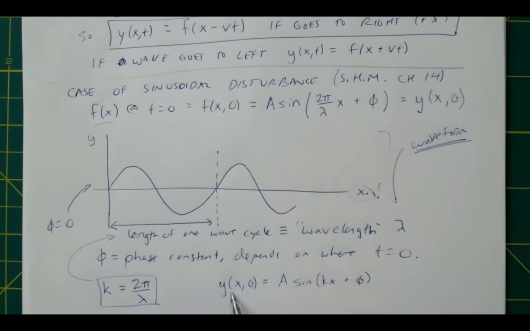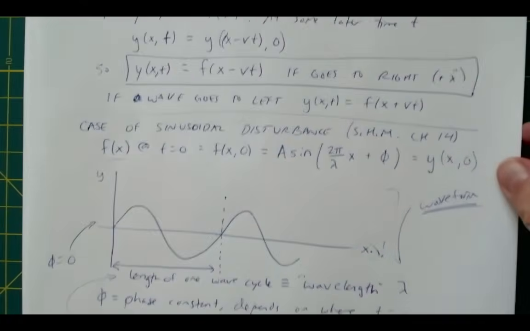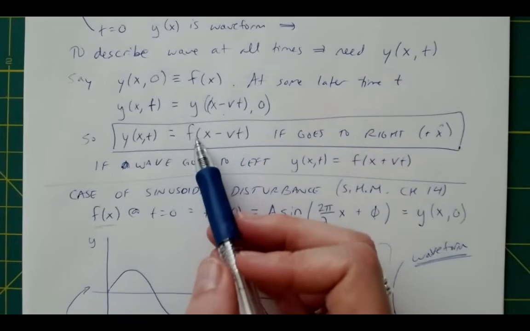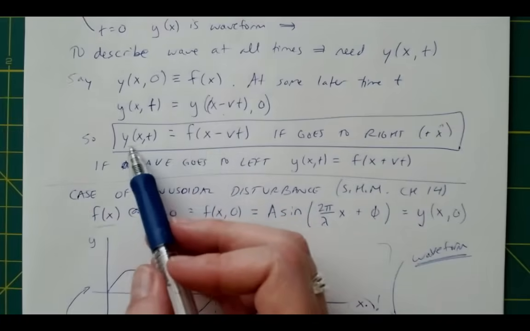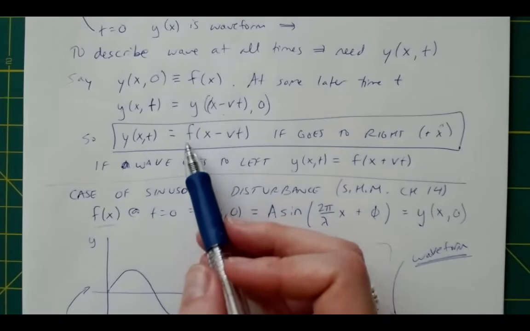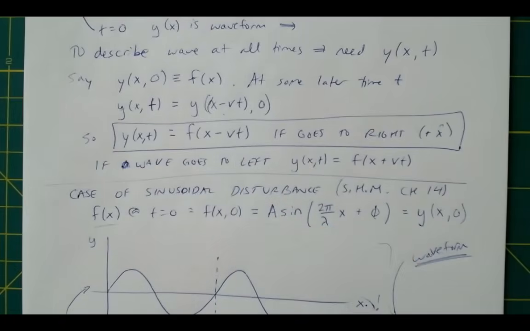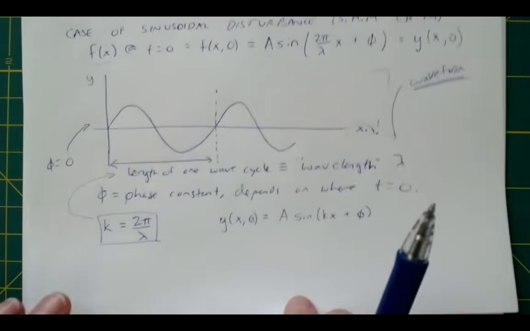Okay, so if this is now our y as a function of x and 0, if we recall that that would be our function f of x, then to write the expression y as a function of x and t at all times, we simply need to replace x with x minus vt in order to write our full equation.